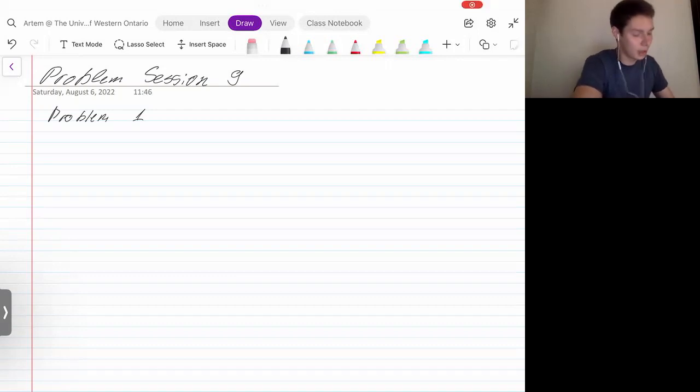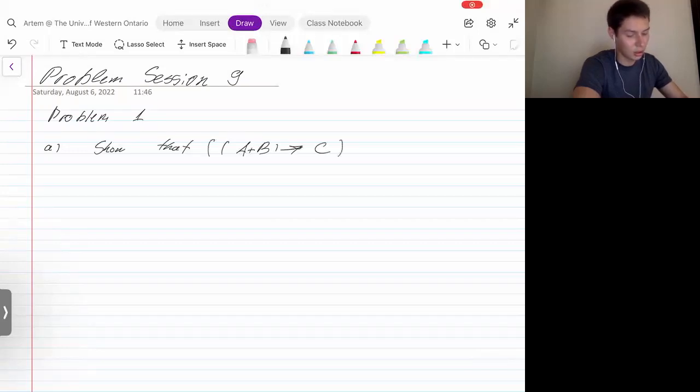So problem 1 asks you to show, part A, show that we have an equivalence of the coproduct of A and B going to C with a product of A going into C times B going into C.